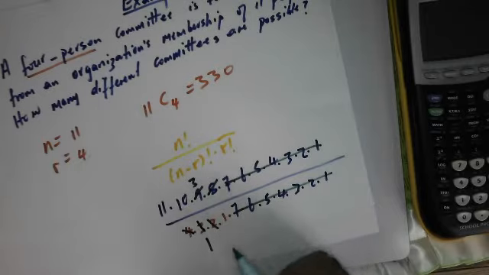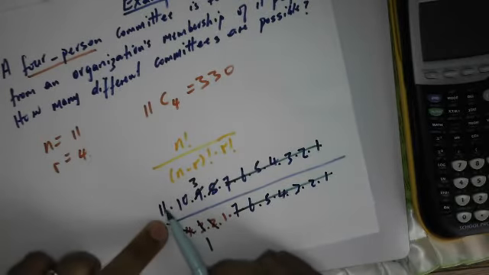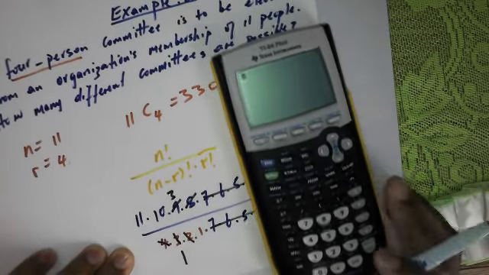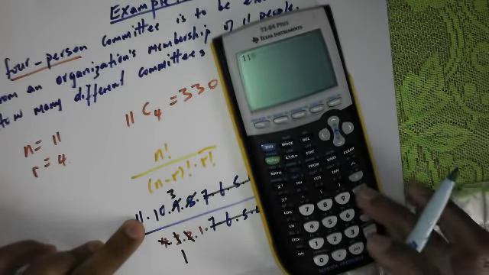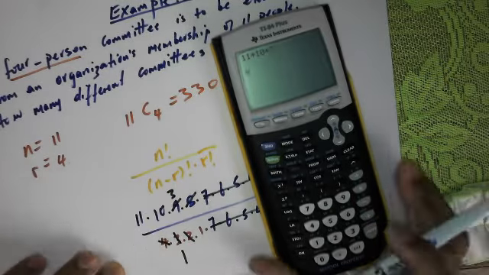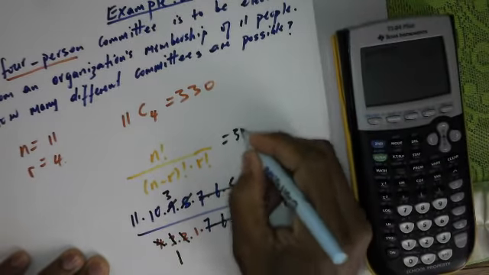So all we would have now is 11 times 10 times 3. So let's see what that is. So it would be 11 times 10 times 3, and we would still get our 330. So this would still give us our 330.